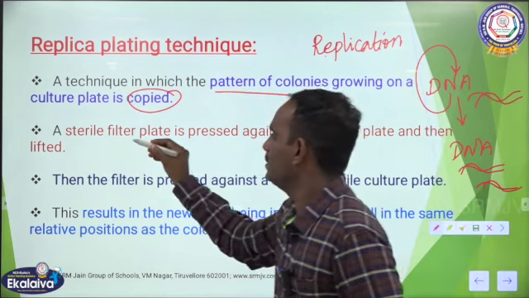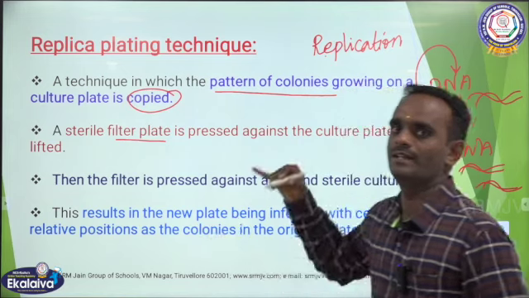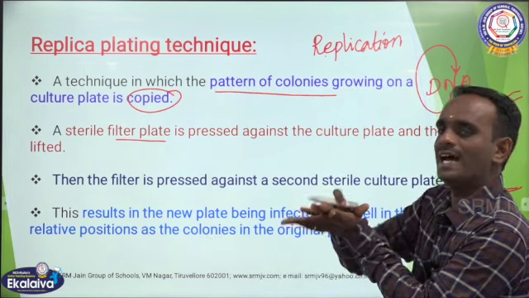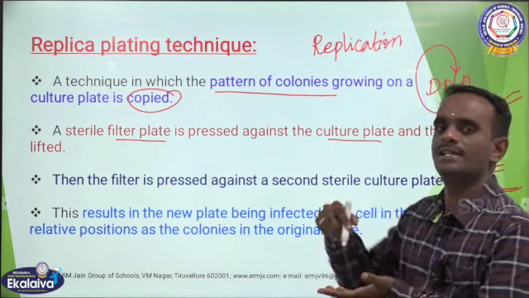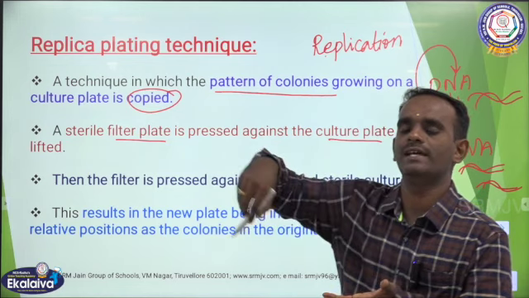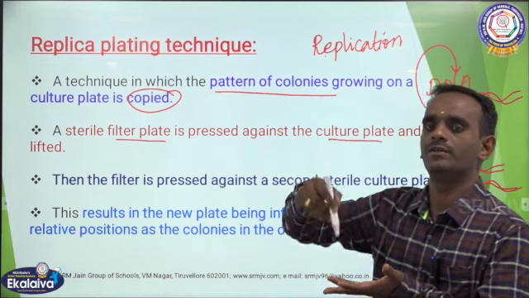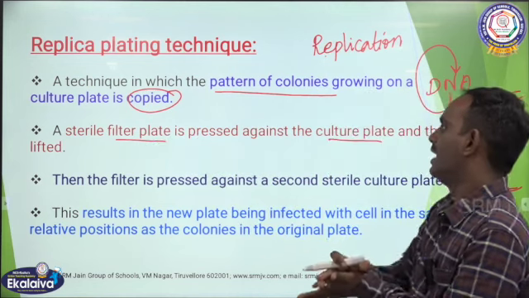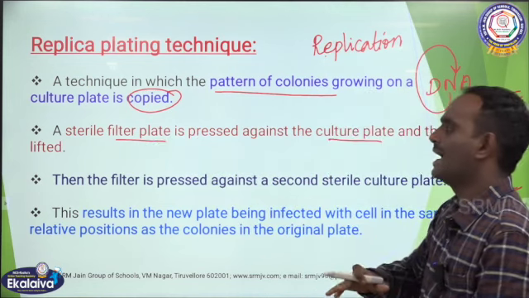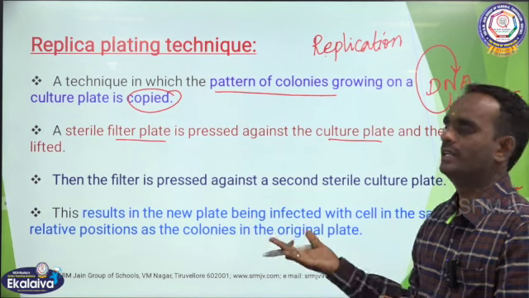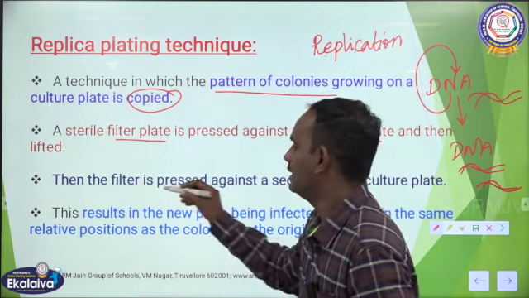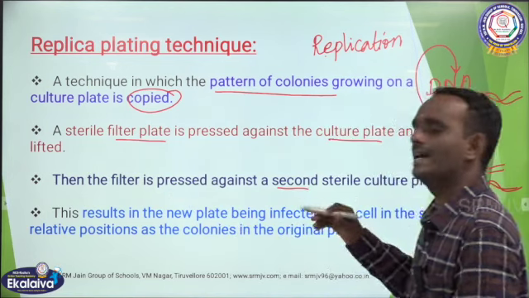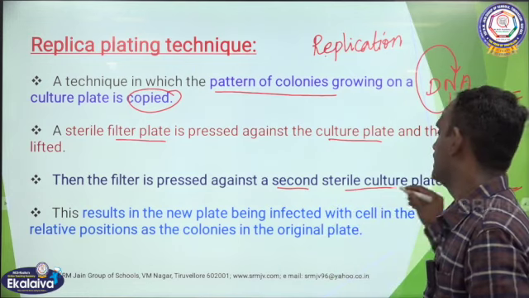See here, a technique in which the pattern of colonies growing on a culture plate is copied. Okay, that is called the replica plating technique. A sterile filter plate is pressed against the culture plate. Culture plate means the plate containing culture medium where the bacteria are growing. A sterile filter plate is pressed against the culture plate and then lifted. Then the filter is pressed against a second sterile culture plate.